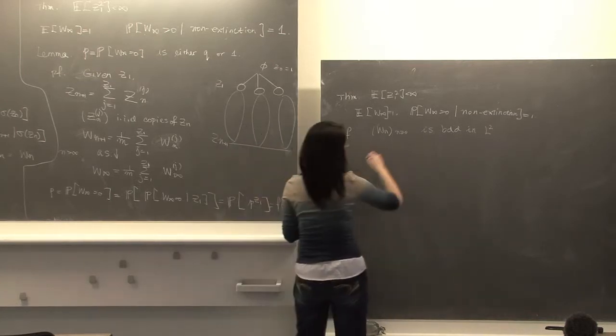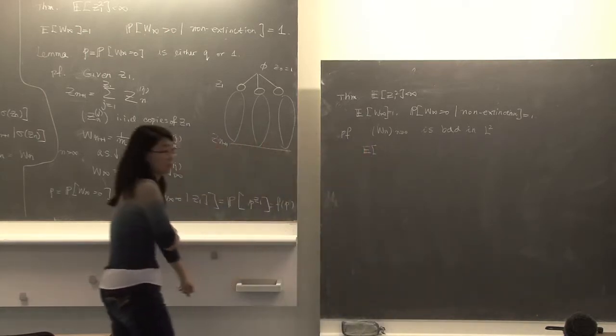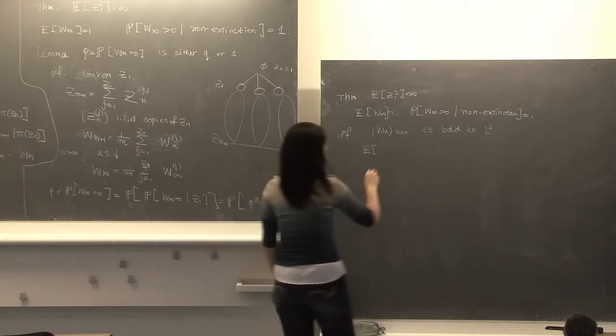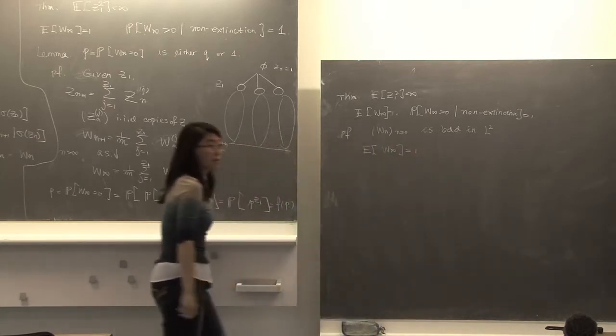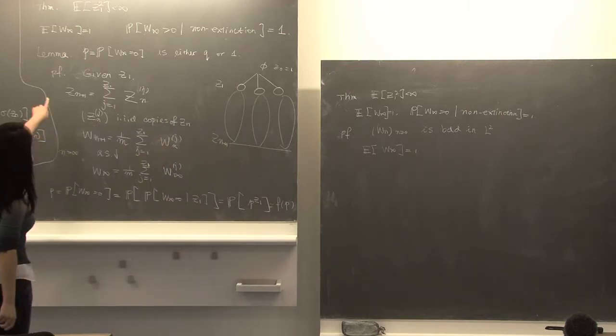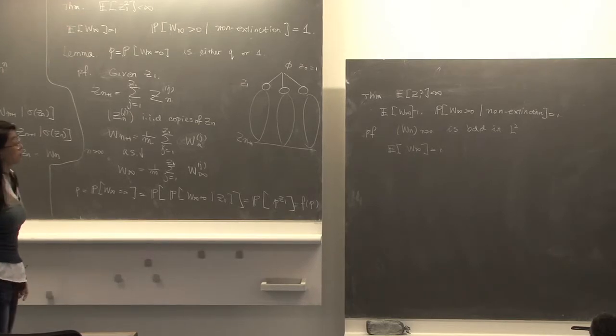Suppose this is true. Then since Wn converges to W infinity in L1, the expectation of W infinity equals 1. And from this lemma, we know that the probability of W infinity equals 0 is either Q or 1.